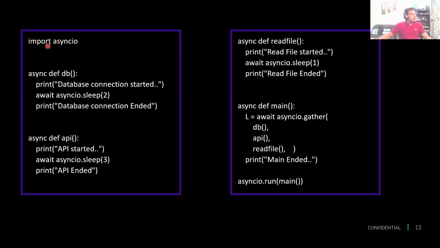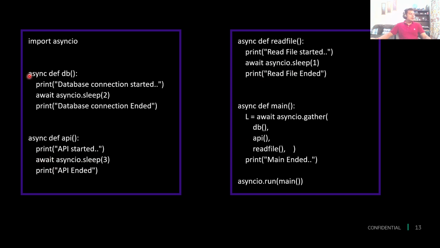Now we are looking at a simplified version of an example, and I'll give some high level view. We are developing one application. This application has different phases like communicating to the DB, communicating to the API server, and reading some file. For all these tasks, we have created different coroutines.